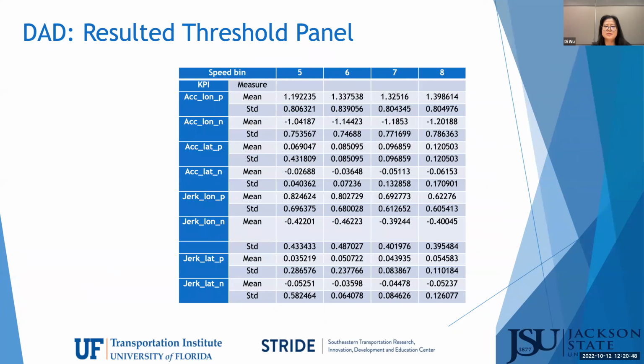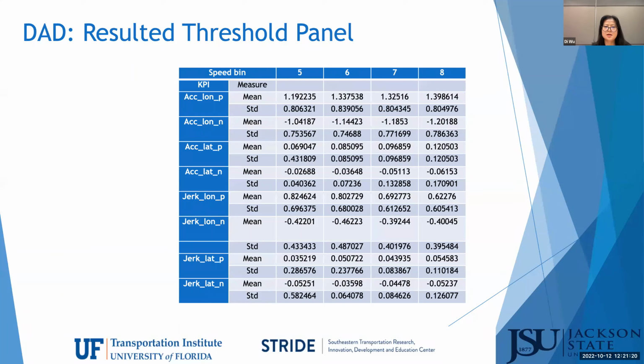And here's the result of the threshold panel generated by the DAD modules 1, 2, 3. For each KPI, the values of normal behavior are determined. So here is the panel of data that we recommend to extract from the BSMs to store for a certain period of time.